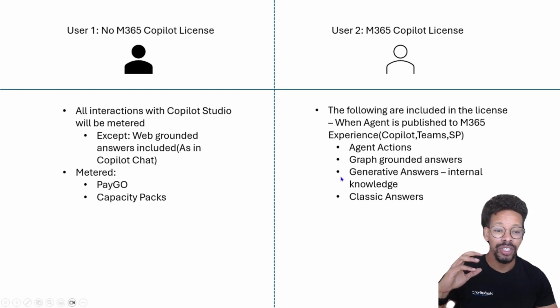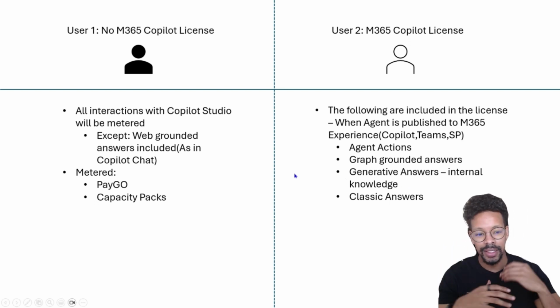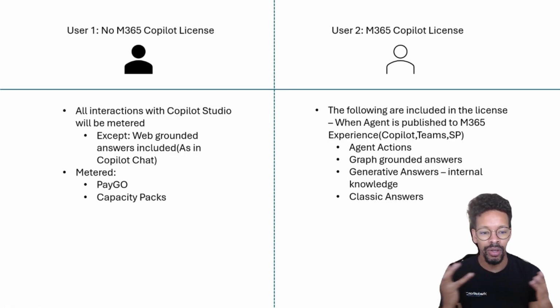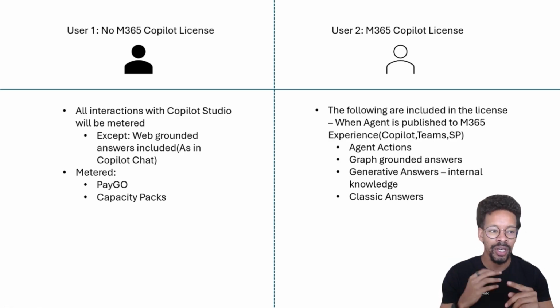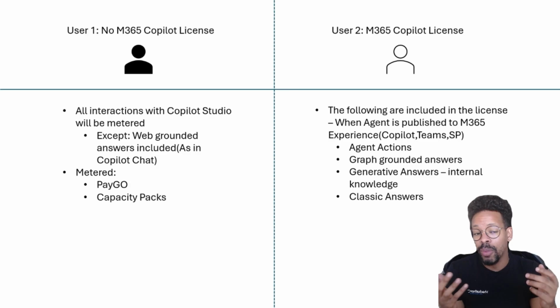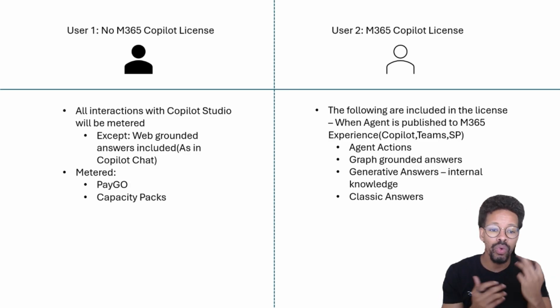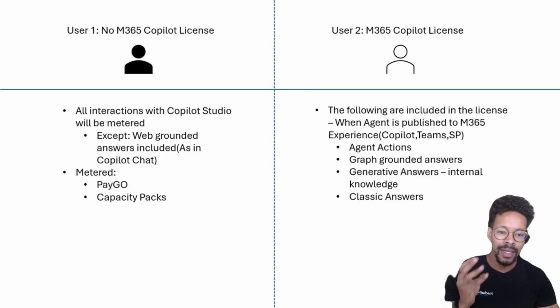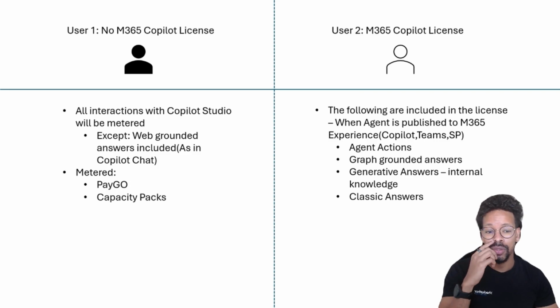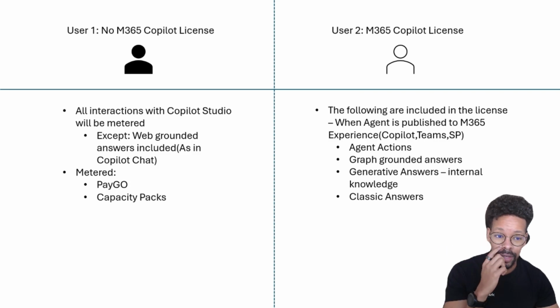And then you have the generative answers, where the agent either uses internal knowledge, uses Dataverse, or some files you have uploaded. This will usually use two messages. And then you have the classic answers, which use one message, and this is included for this user.